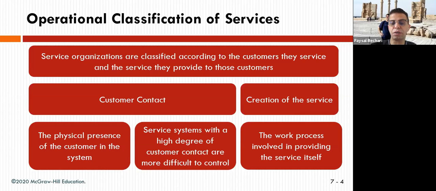And the work process involved in providing the service itself, in legal work or medicine and hospitals, is different than in fixing a car. They're totally different, so that also affects the service packages that you provide.